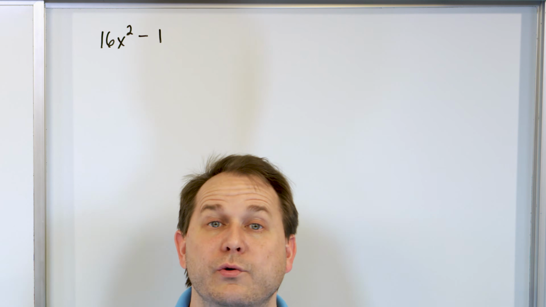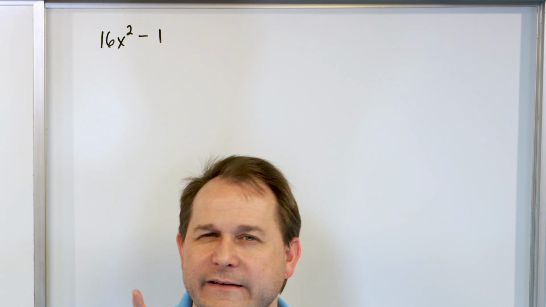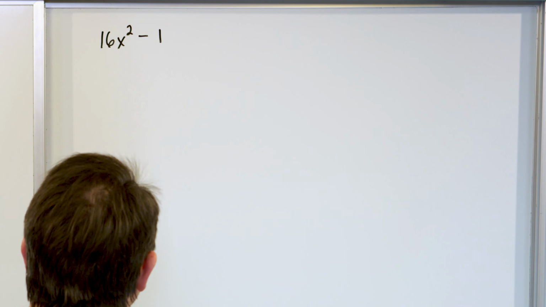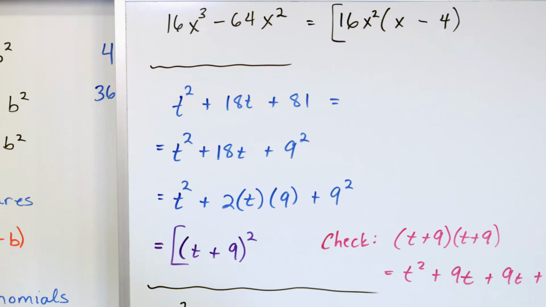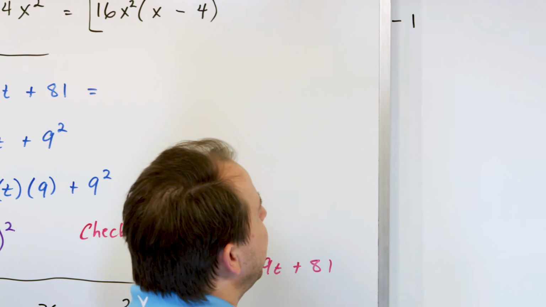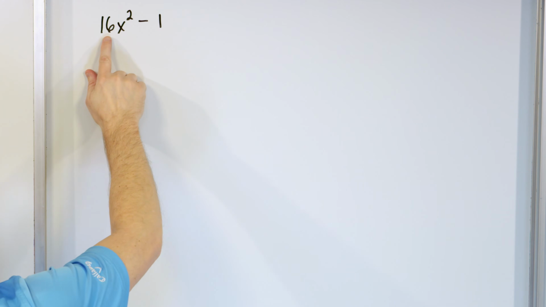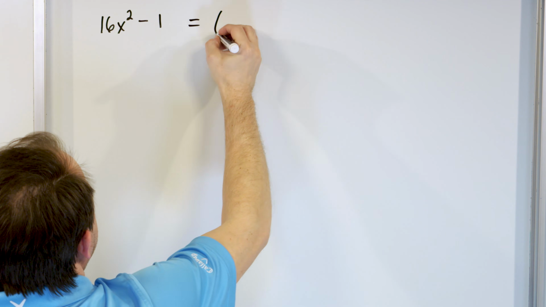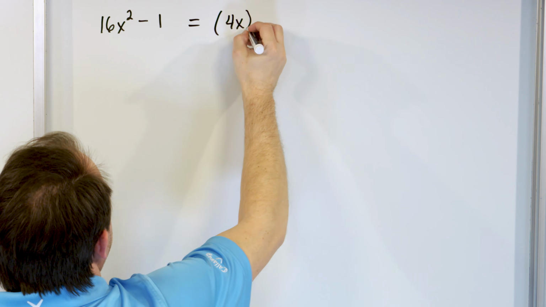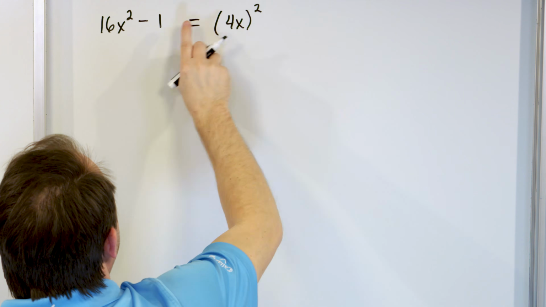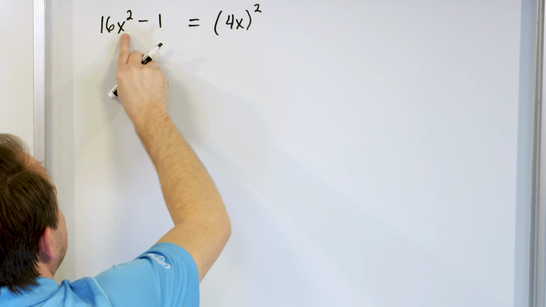The next thing you should do after you try to pull things out is see, is it one of these special cases? At first it doesn't even look like a special case, but if you think about it carefully, what it means is you have to be able to write it as something squared minus something squared. Well, this first term should ring alarm bells because 16 is the square of 4. So I can write this as 4x quantity squared. That's really what the first term is because 4 squared is 16 and x squared is x squared.